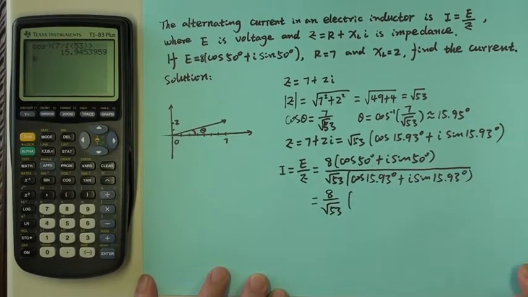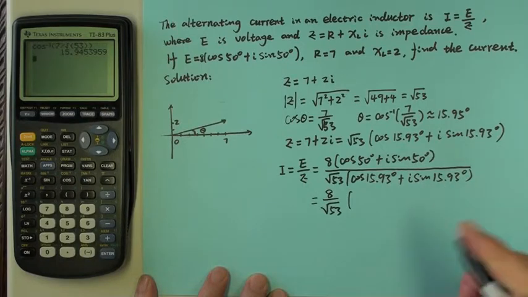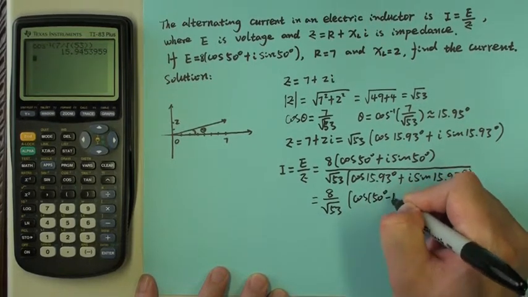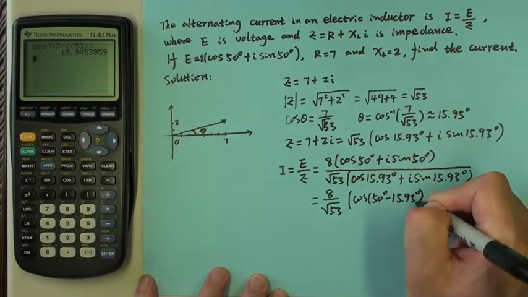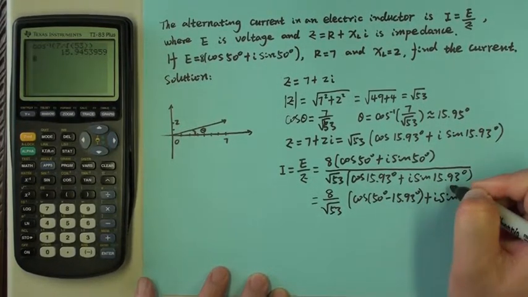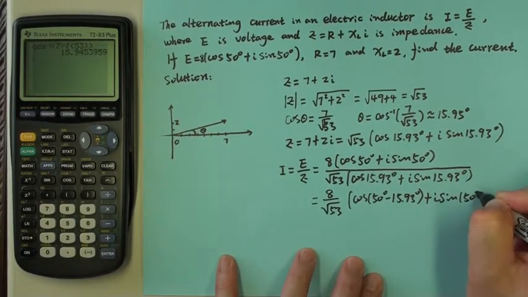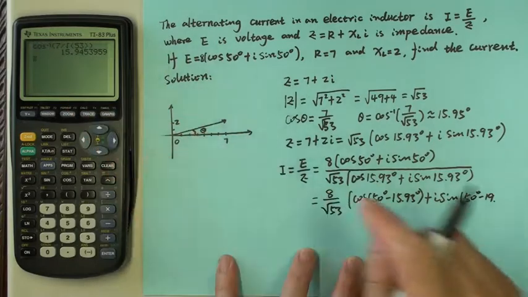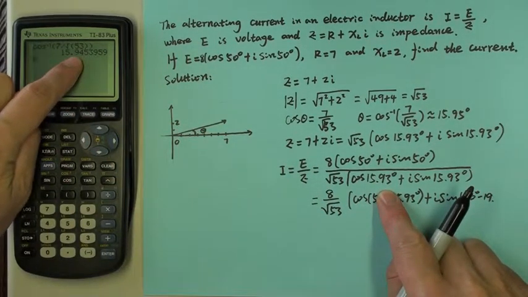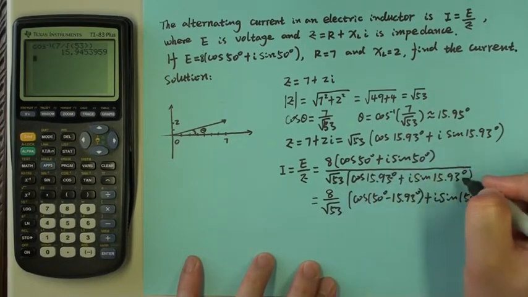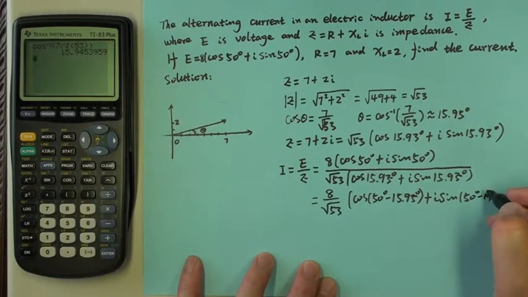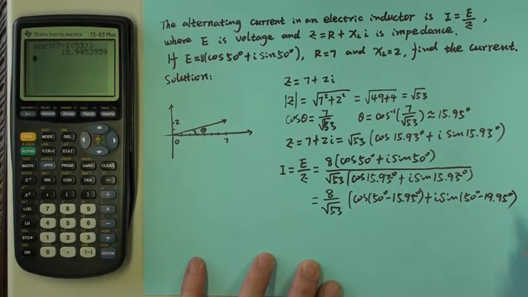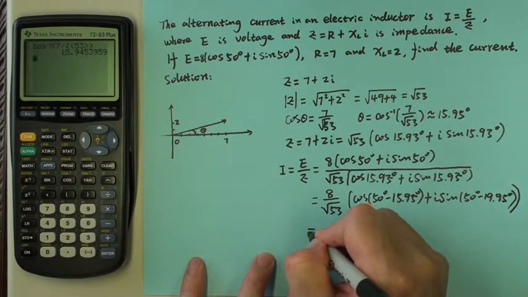Inside, as we explained before, since this is division, you have to do subtraction of the angles: 50 degrees minus 15.95 degrees, and then plus i sine of 50 degrees minus 15.95 degrees. The 5 here you round up, so it is 15.95 degrees. One more bracket.